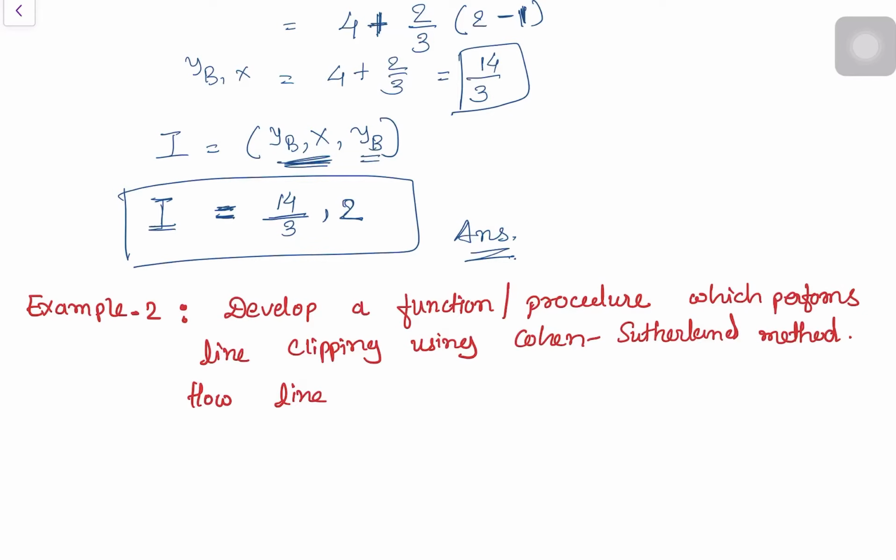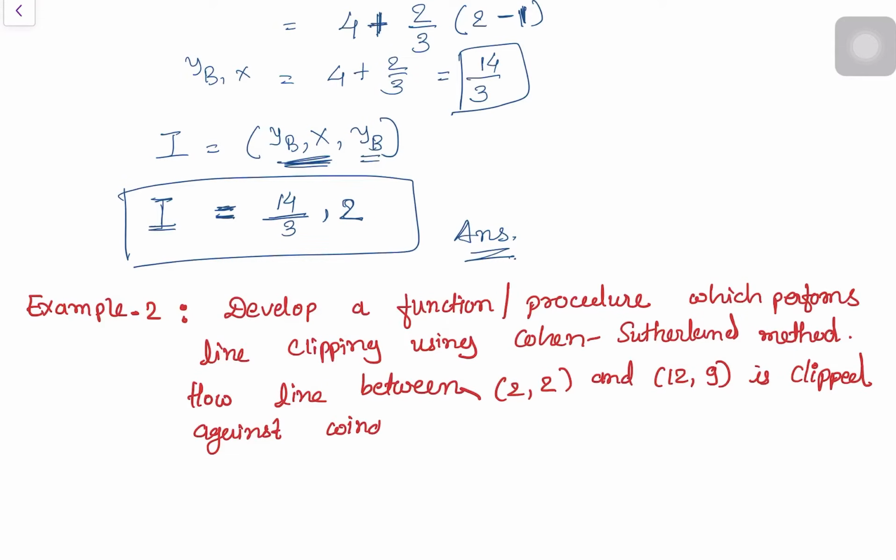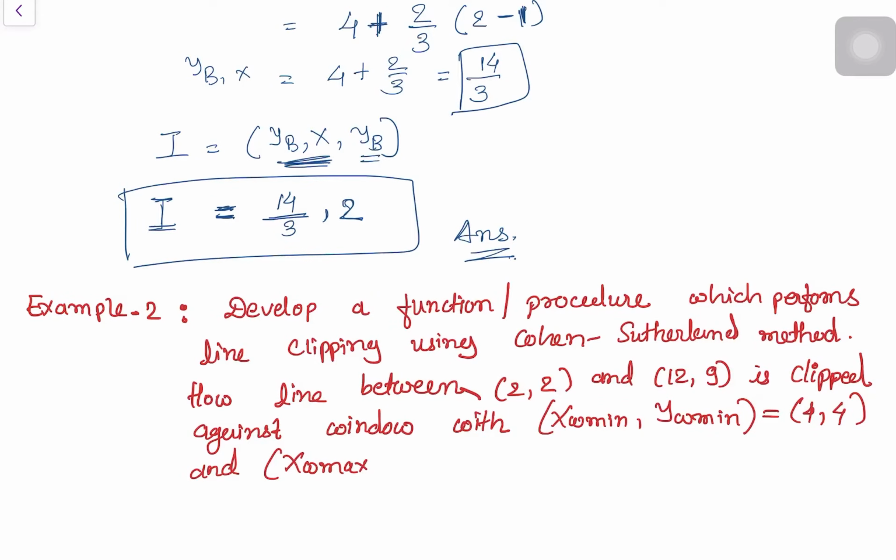Have a line between 2, 2 and 12, 9 clipped against a window with xw minimum comma yw minimum is equal to 4 comma 4, and xw maximum comma yw max is equal to 9 comma 8.